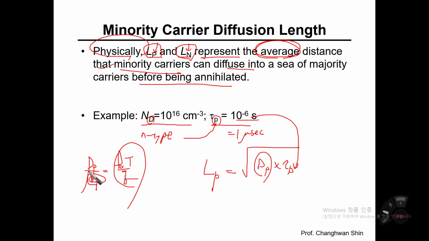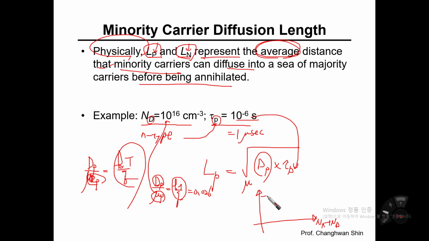Sorry, here it is mobility. Again, Dp over mobility is constant according to the Einstein relation. Then kT over q at room temperature is 0.026. You don't know Dp, but you know the mobility because you know the doping concentration. Do you remember this figure? Na plus Nd versus mobility.